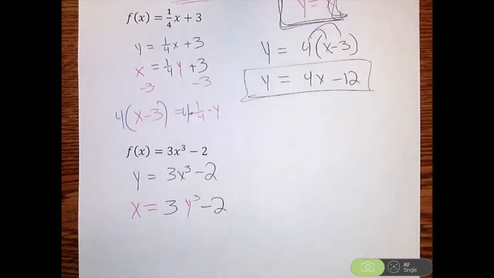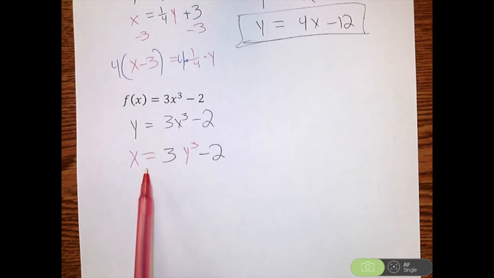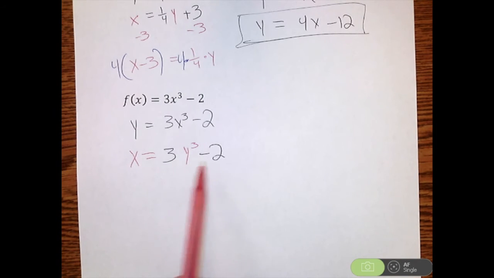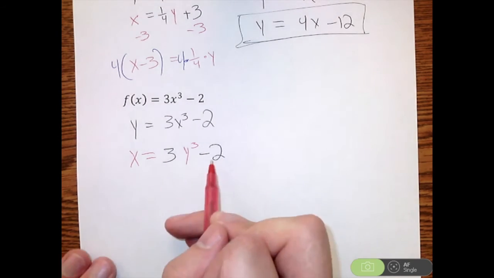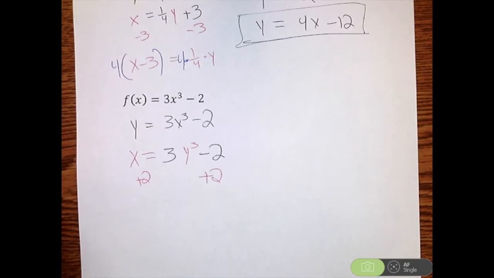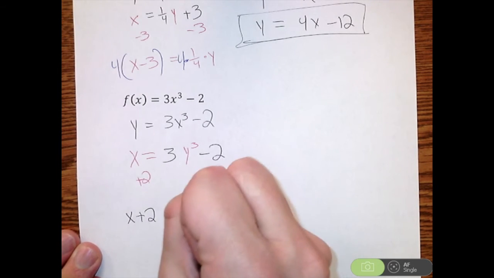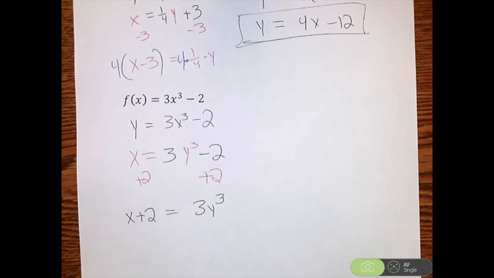So I'm going to work the order of operations backwards. The order of operations says to get rid of addition and subtraction first, then multiplication and division, then exponents, then work inside parentheses. So I'm going to move this 2 first. I'm going to add 2 to both sides. That gives me x plus 2 equals 3y cubed.